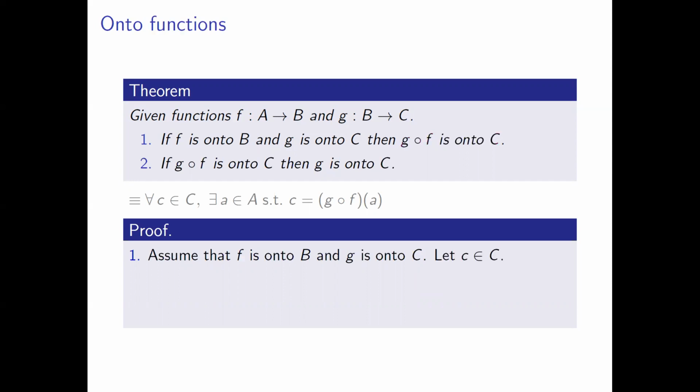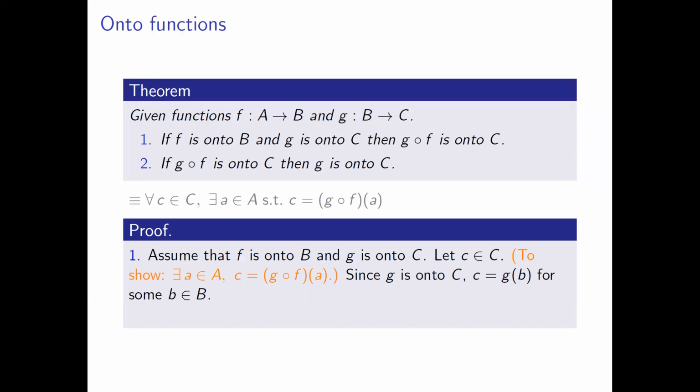To show that, let c be an arbitrary element of C. We need to show that some element a in A has image c under the composite function gf.